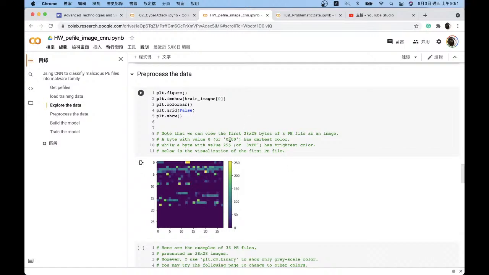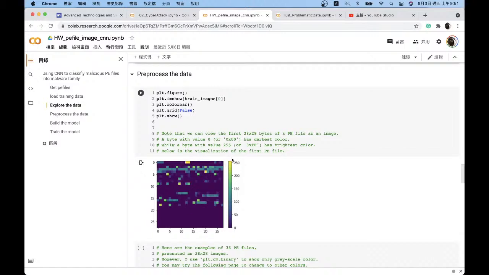That means if I draw this 28 by 28 matrix using different colors, here is the matrix. Start from the top left side. That is the first byte, second byte. For each row we have 28 bytes, so we have 28 rows.